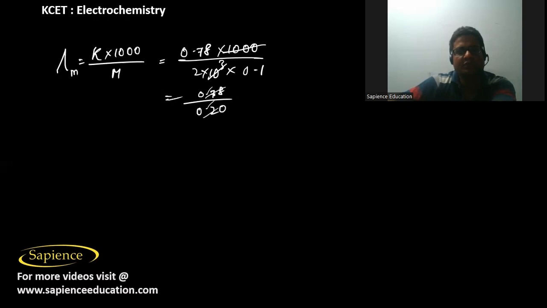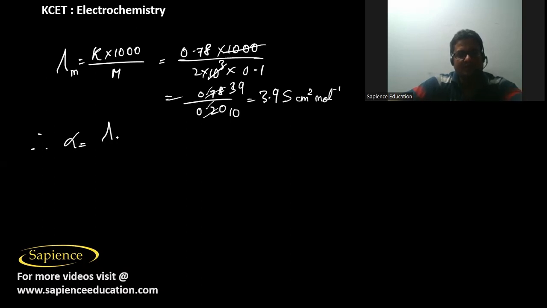So 2 ones are 2, 2 twos are 4, 2 threes are 6, 2 nines 18. So it is 3.9 Siemens centimeter square per mole. So now therefore the degree of dissociation alpha is equal to lambda m by lambda m naught.